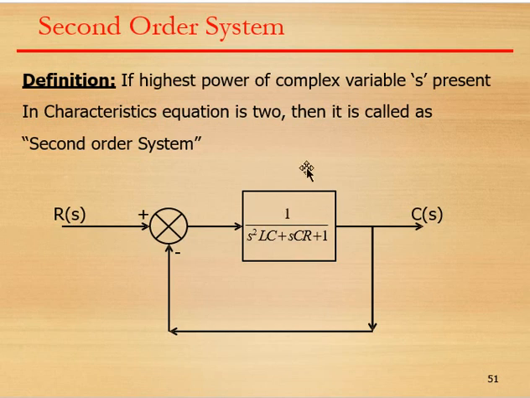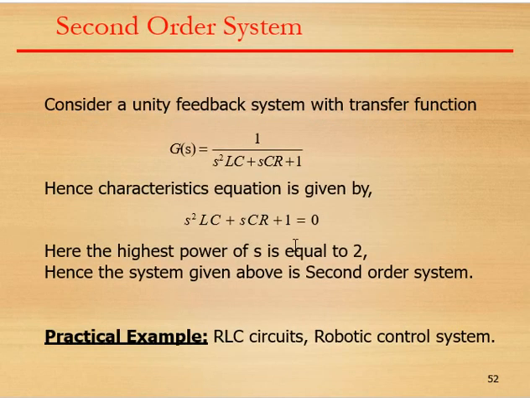Okay, so this is again a unity feedback system, and here G(s) is equal to 1 upon s square LC plus sCR plus 1. So hence the characteristics equation becomes s square LC plus sCR plus 1 is equal to 0.